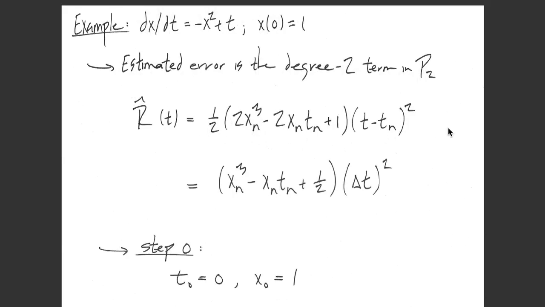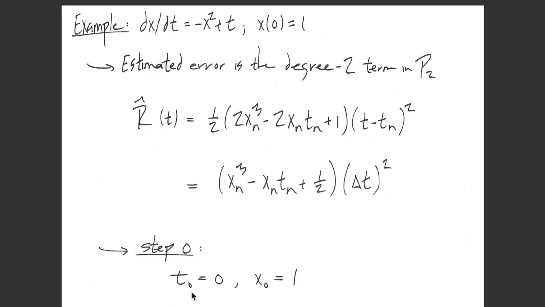So that's it right here, and I've just multiplied through by the 1/2 here. And then for notation's sake, I'm going to call t minus t n our delta t, right? That's the step size we're going to take in the next step of the solution. Okay, with those two in hand, I'm ready to get going.